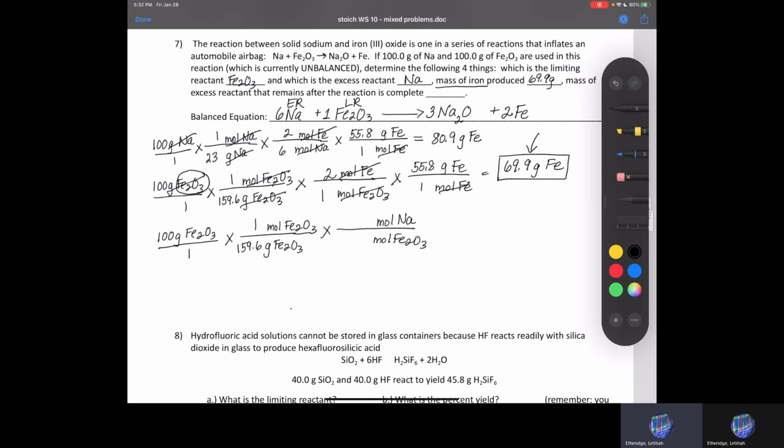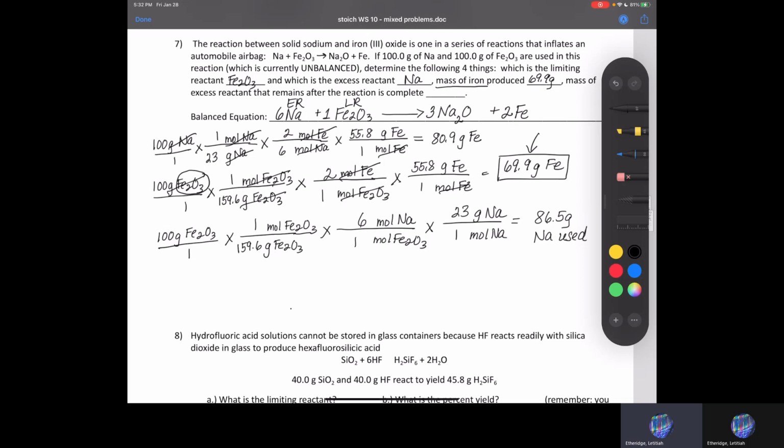And then we're going to take a look at our ratio, that is 6-to-1. And now I'm going to go mole of sodium on the bottom because it's on the top in the previous equation. And then I need the gram of sodium. I'm going to round up to 23, and that's in 1 mole. I do the calculations. I'm going to get 86.5 grams of sodium used.